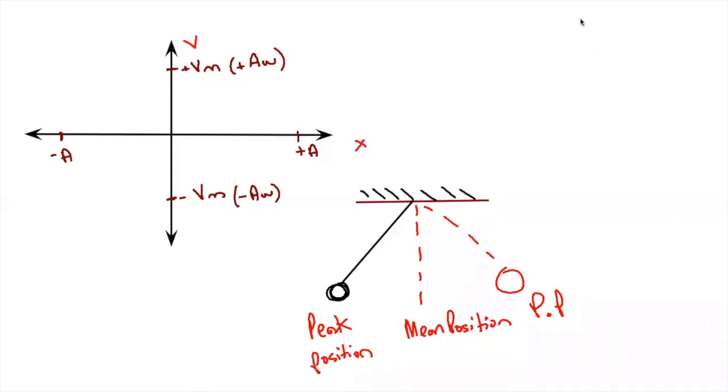Can anyone remind me, what is my displacement at peak position? Exactly, my displacement is the maximum. So x is max. And what is my velocity at peak position? Exactly, my velocity is 0.